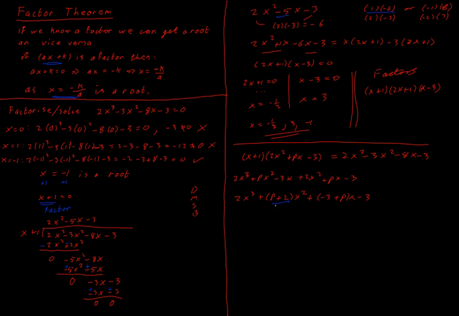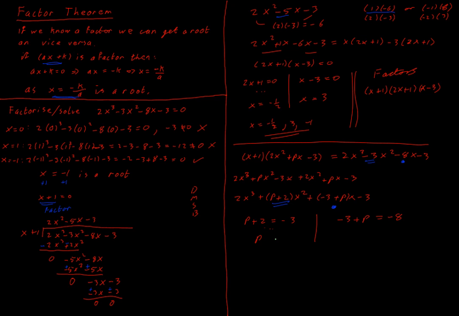My coefficients must be equal to each other. This must be equal to this. This must be equal to this. So I can write down two equations. As it happens, I only need one because I only have one missing variable. P plus 2 must be equal to minus 3. And minus 3 plus p must be equal to minus 8.